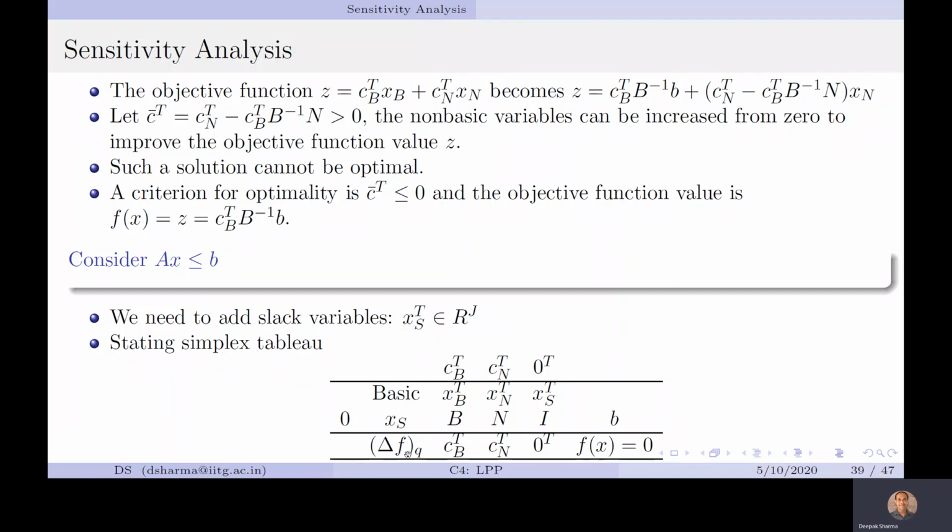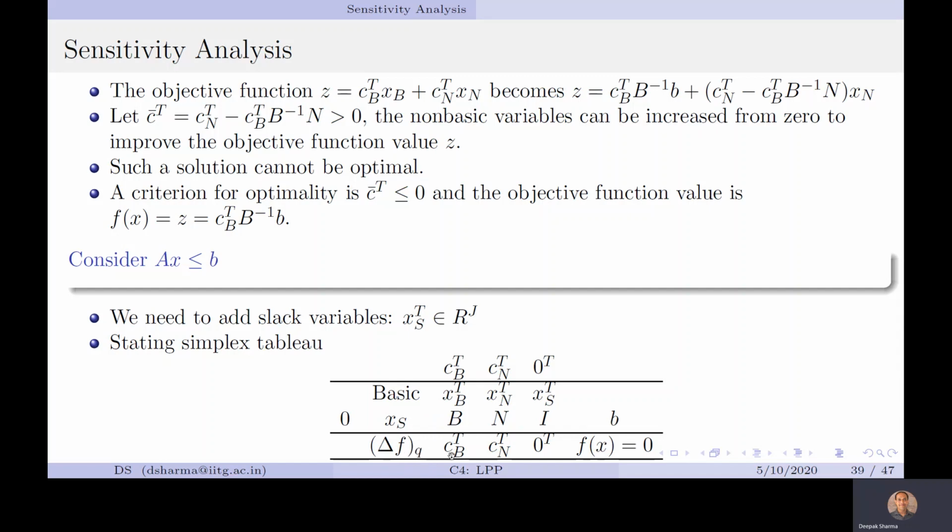Now if I am going to calculate the delta FQ value, you know that it is CB. We don't calculate for the basic, we always calculate for the non-basic. Currently the basic is a slack variable, so the set of non-basic includes XB and XN. So how am I calculating? CB transpose minus 0 multiplied by B, so 0.